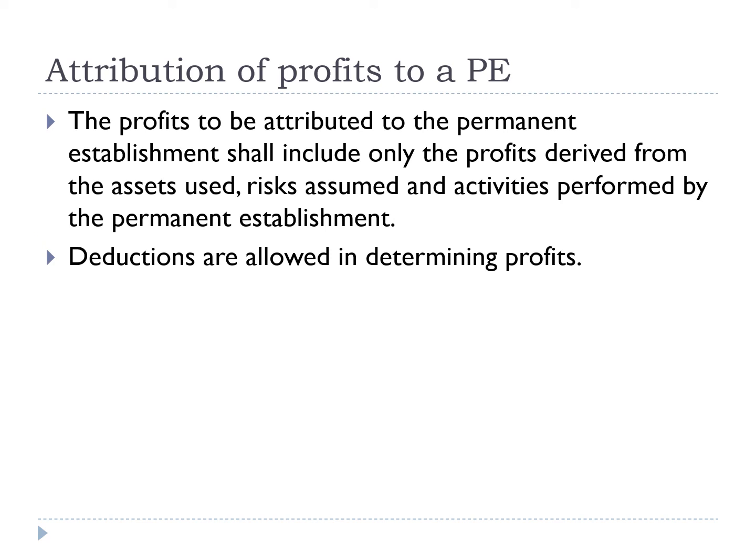In determining those profits, a foreign taxpayer is allowed as deductions those expenses that are incurred for the purposes of the PE, including executive and general administrative expenses so incurred.